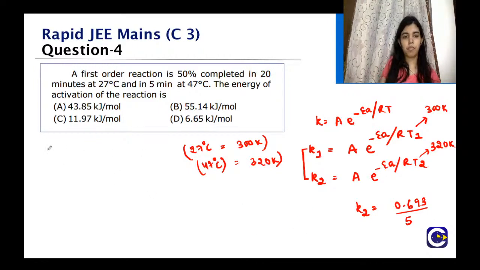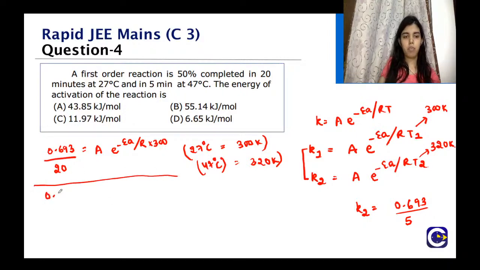Now see here, K1 will be how much? 0.693 divided by 20 will be equal to A e raised to the power minus EA by R into T1, what is T1? 300 Kelvin, into 300. K2 will be equal to 0.693 divided by 5 will be equal to A e raised to the power minus EA by R into how much? 320. Now you have to divide the two, right?